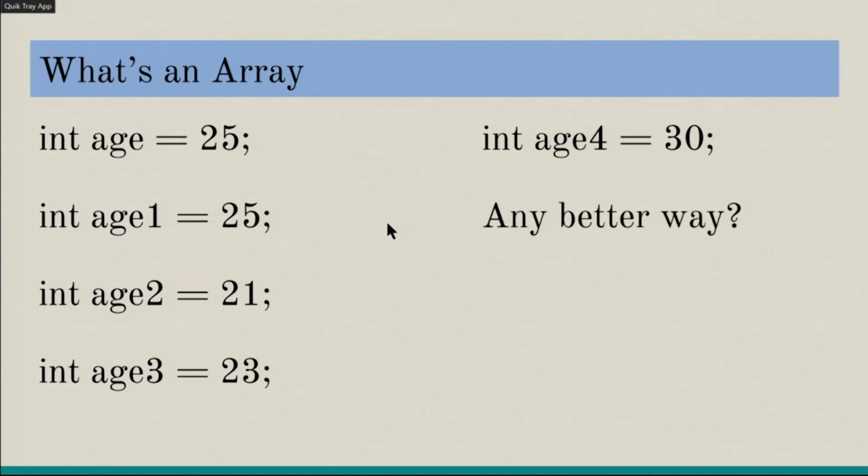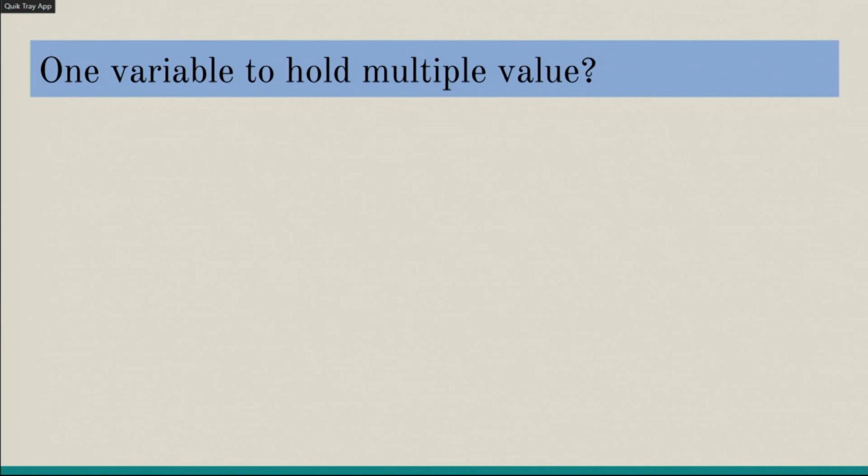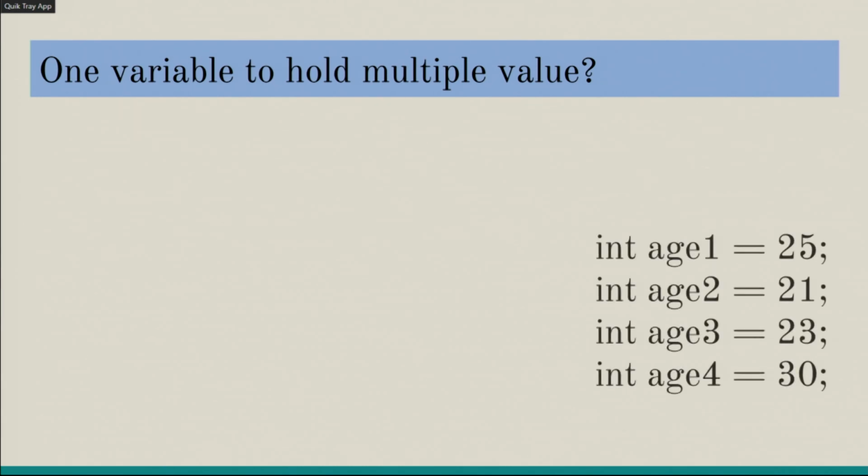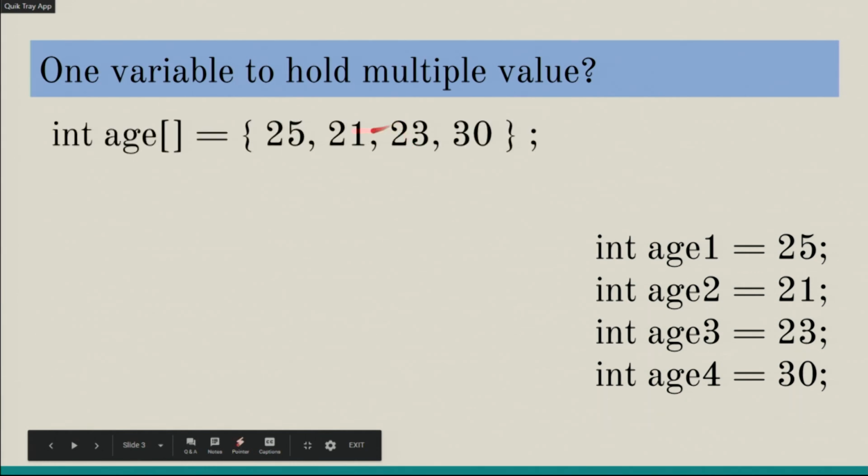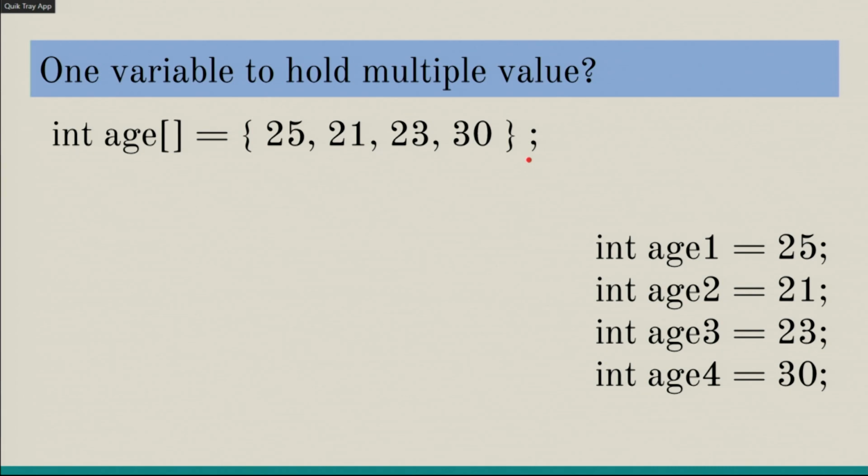Is there any better way to do it? Can we, for example, have one variable to hold multiple values? For all these values, age 1, 2, 3, and 4, can we have a solution? Yes, so this is how we do it. We define one variable age and we put this square bracket in front of it, and that refers to an array.